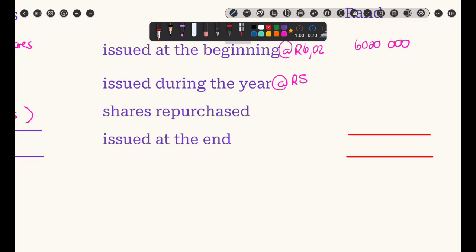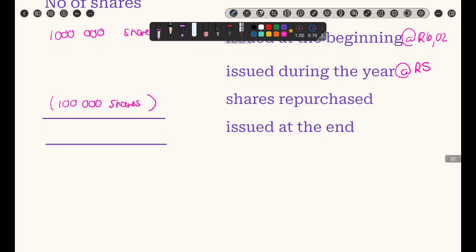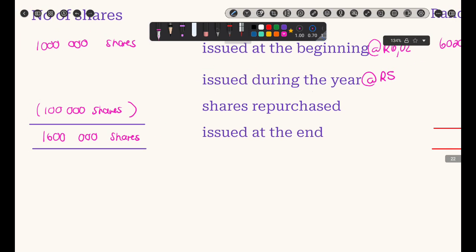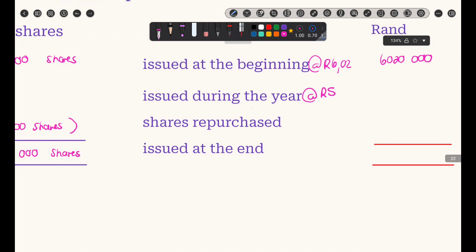All right, let's continue. So at the end of the year, the number of shares that have been issued is 80% of the 2 million. And if you say 2 million times 80%, you get 1,600,000 shares at the end of the year. Remember I told you that your balance at the end is the sum of everything that's on top, right?